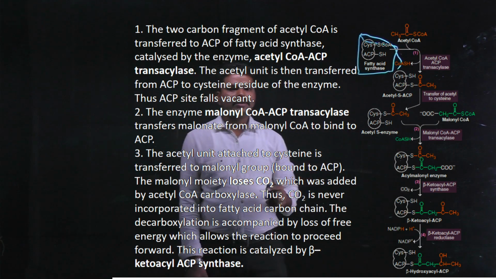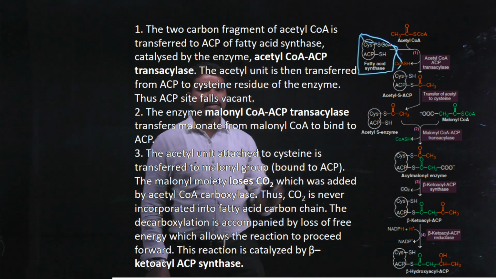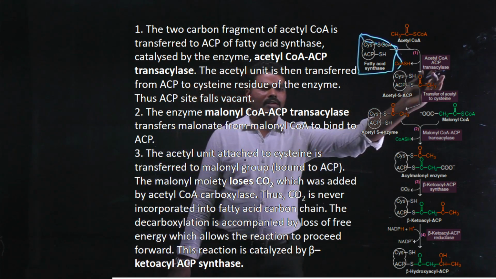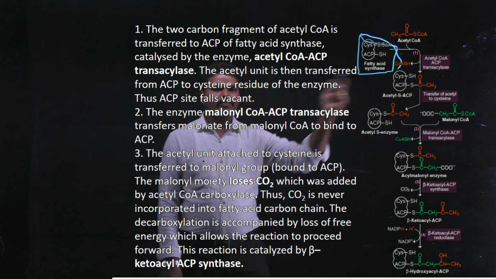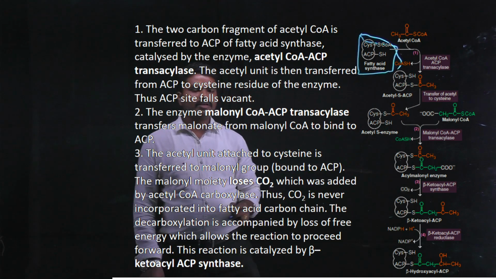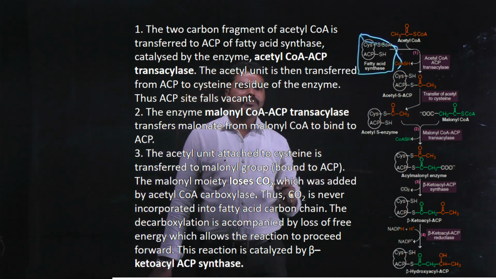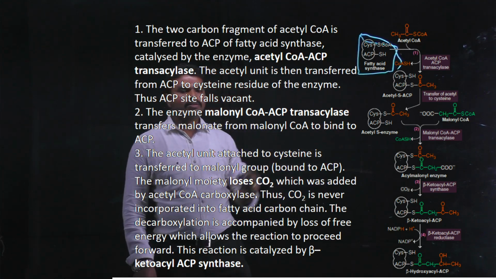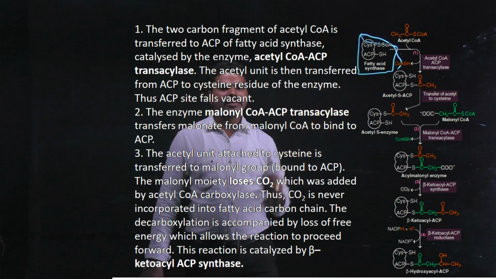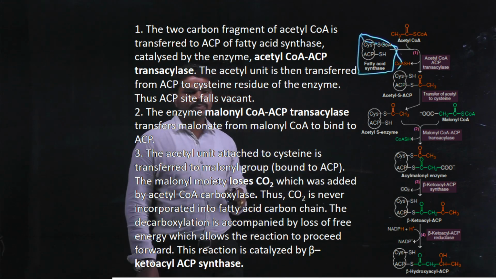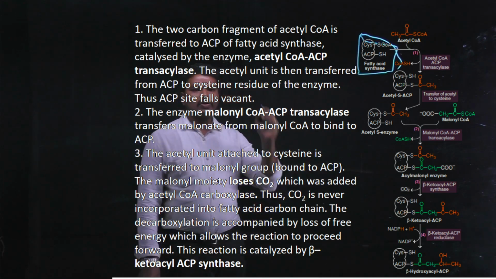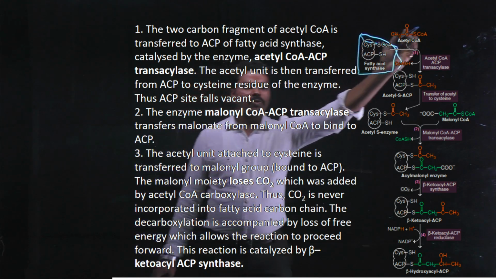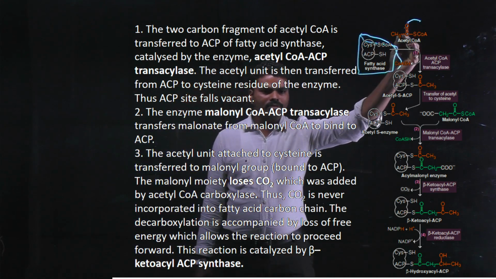That occurs by the action of the enzyme acetyl CoA ACP transacylase. ACP means acyl carrier protein. The acetyl CoA ACP transacylase is one of the enzymes that can transfer the 2 carbon fragments of acetyl CoA. So these are the 2 carbon fragments.